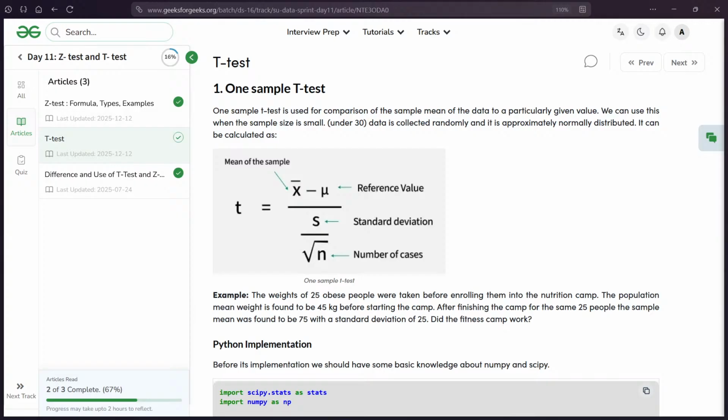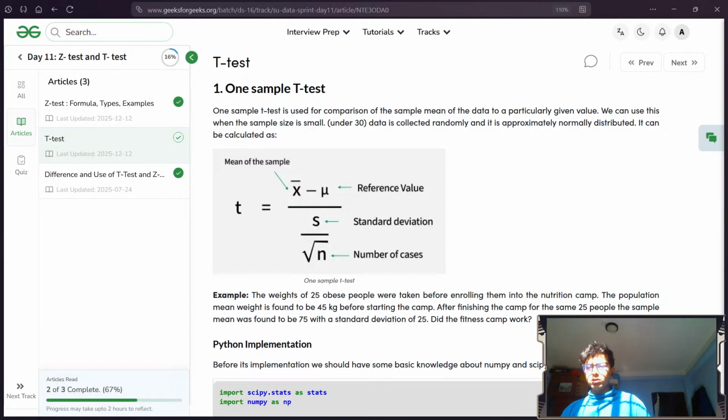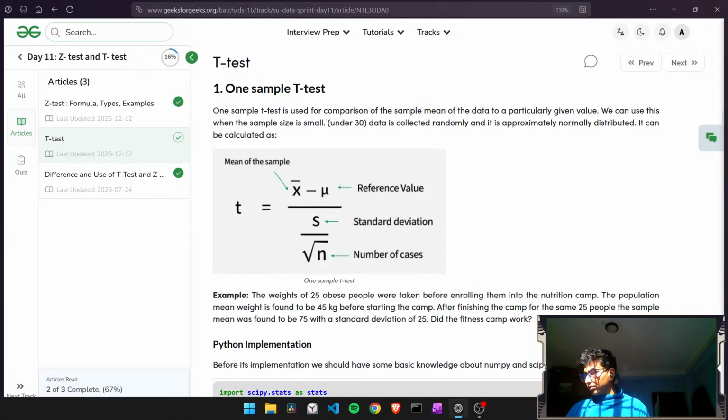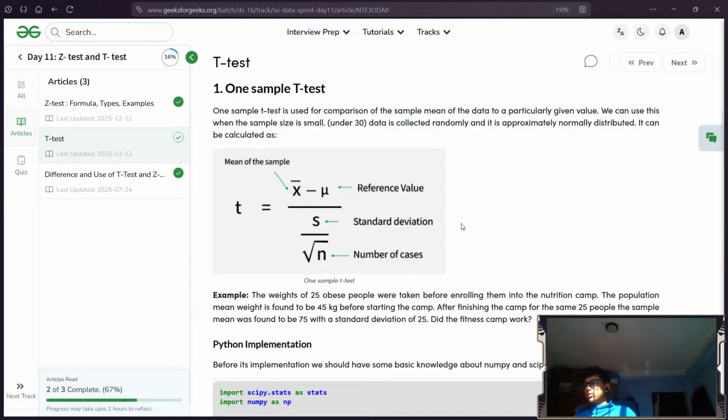I'm back. Okay, we'll read this and we'll go to another section.